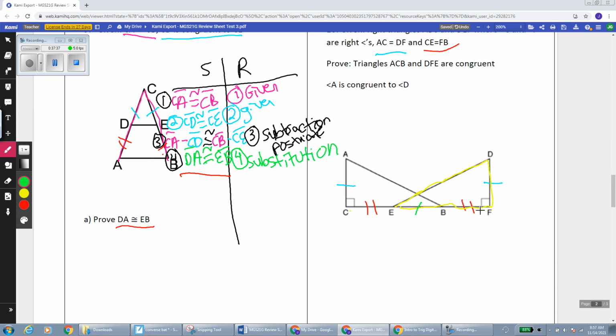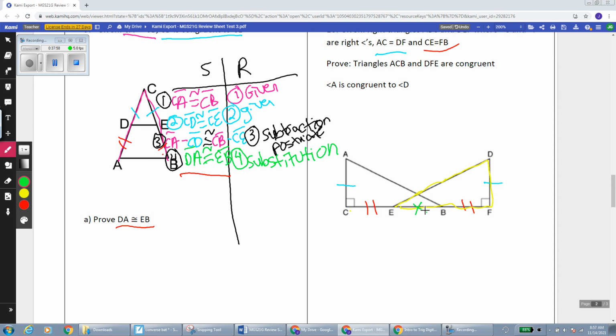And when we use addition for the yellow triangle, we're starting with FB. And we're also going to need to add on BE to get the whole side of the yellow triangle, FE.